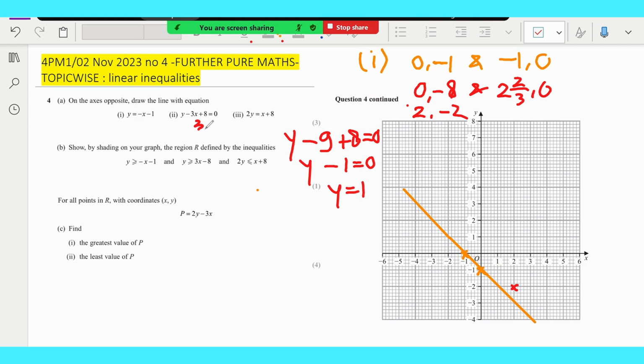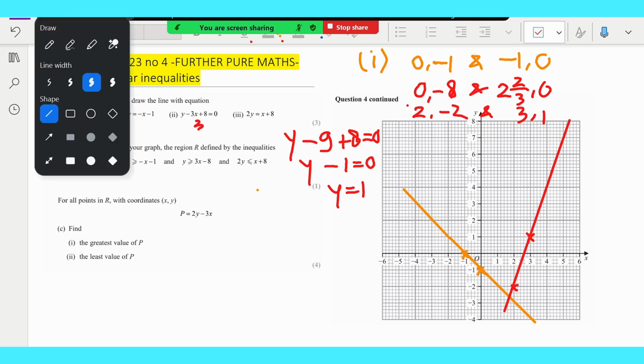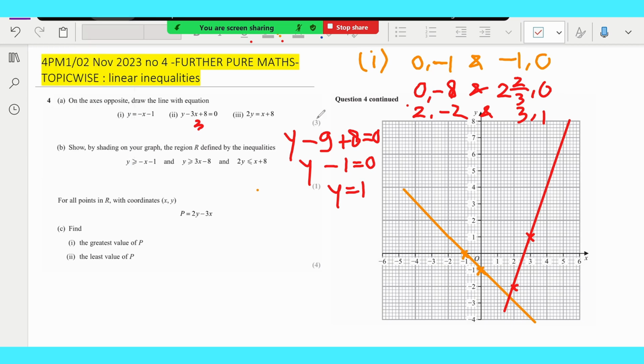So our coordinate will be x is 3, y is 1. So 3 comma 1 will be here. Let's just connect the line. Okay guys, this is our second line for the second equation.